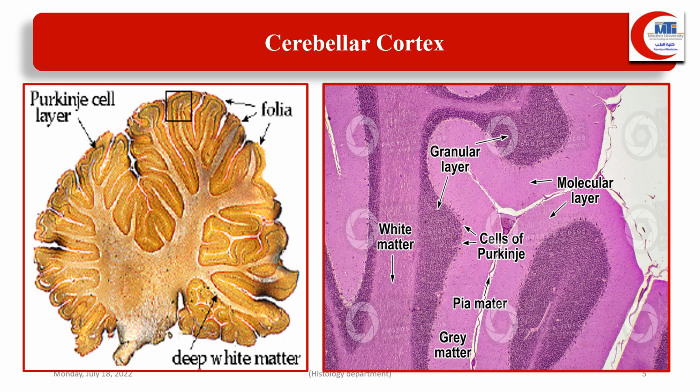As regards the layers, here is the molecular layer labeling the superficial area, then the Purkinje cell layer, which is arranged after the molecular, and finally the granular layer. So there are three layers in the cortex of the cerebellum, which are molecular layer, Purkinje cell layer, and the granular layer.